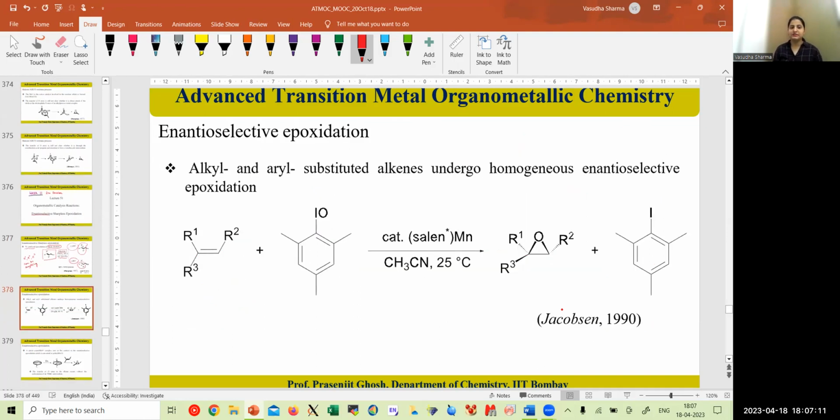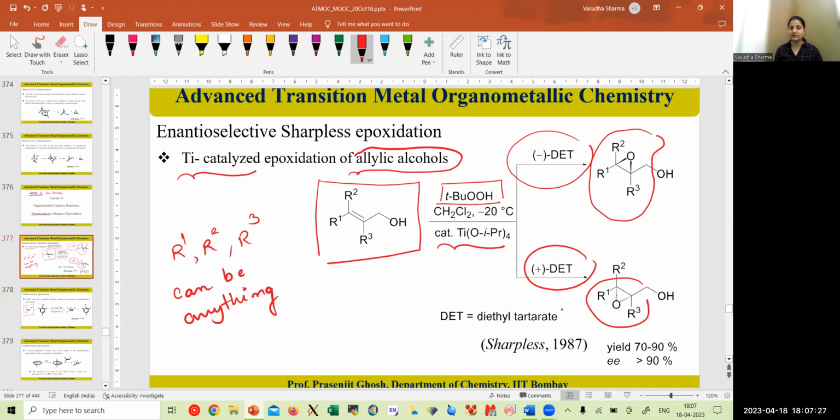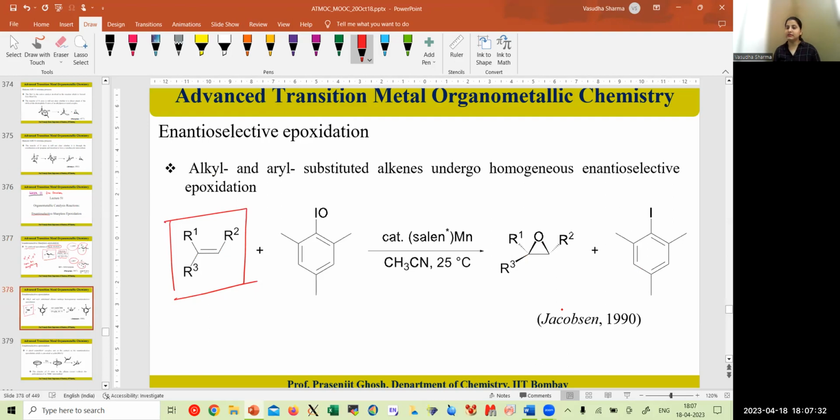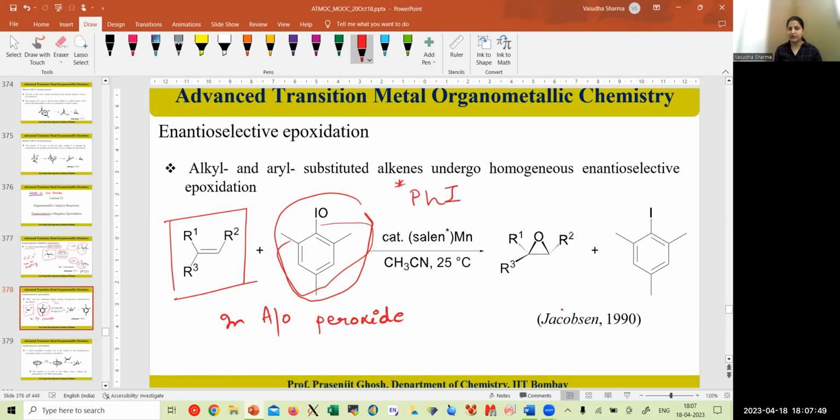We can also have an enantiomer selective oxidation if we have alkyl or aryl substituted alkenes, for example, this one. But here we would have a different catalyst and different conditions, because in that case we had an allylic alcohol and a peroxide as the oxygen transferring agent, whereas here we are not adding any peroxide. So now we can take this arene ring as a phenyl, or star, and IO.